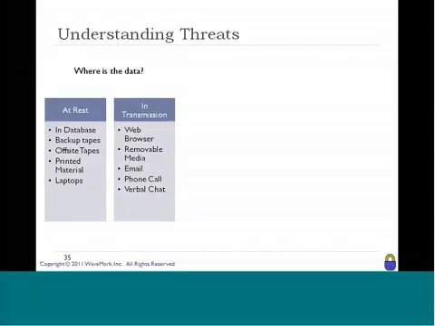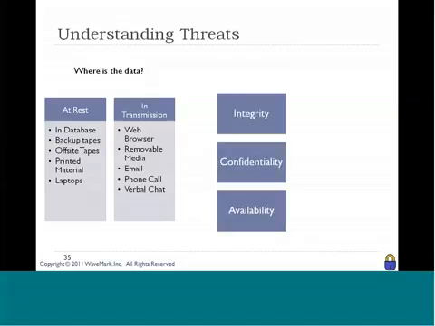It could be viewed on a web browser, on a thumb drive in your pocket while you're on a plane. An email, a phone call is a form of transmitted data. A verbal chat is a form of transmitted data. So first, once you've understood what data you want to protect, understand where that data is as you're analyzing the threats.